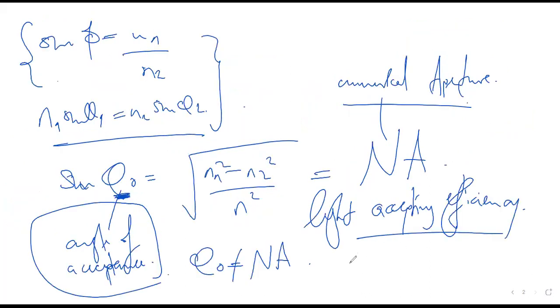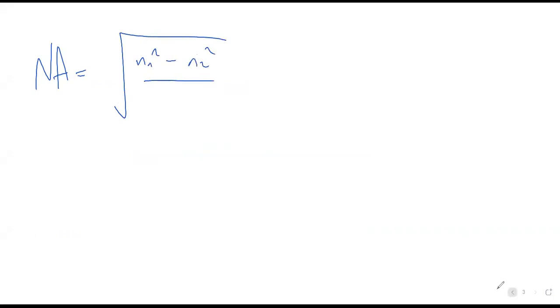We have the definition, and we also have a formula. NA is equal to the square root of n1 squared minus n2 squared over n. Most of the times when this medium is air, it means n is equal to 1. You need to know the refractive indices we are definitely going to use.